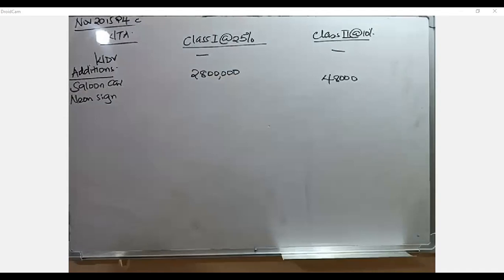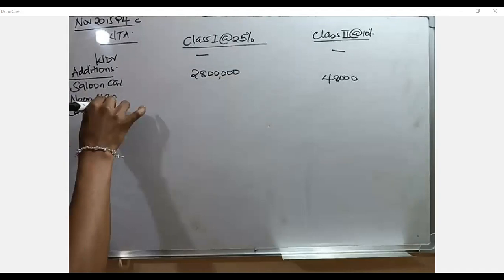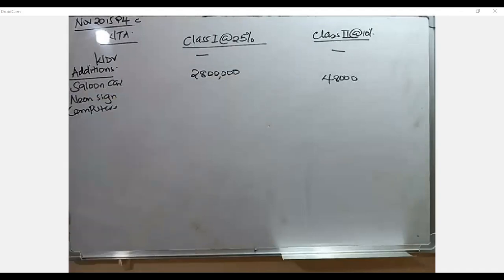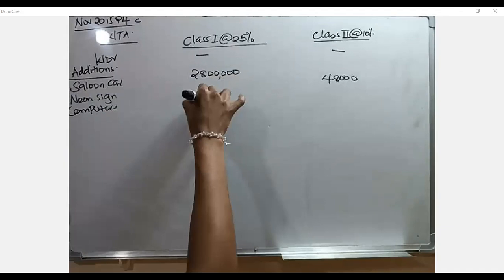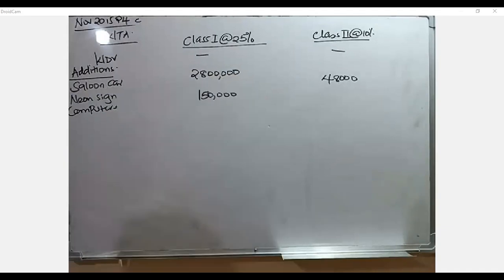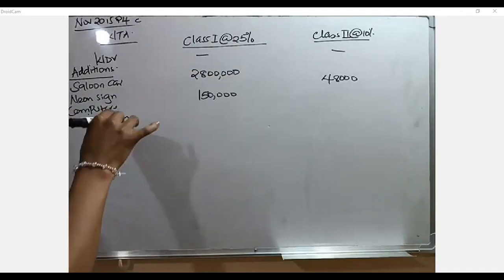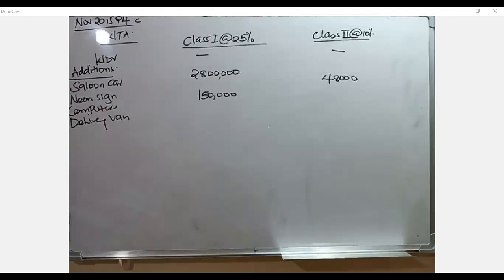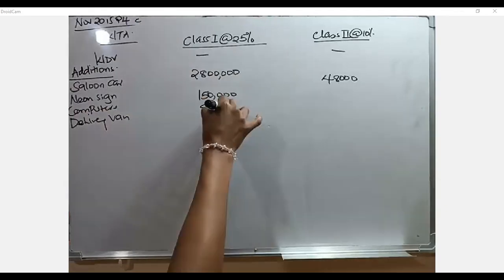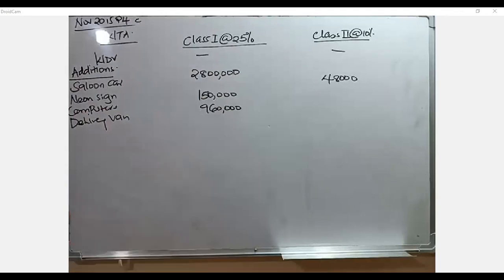The other one we have is computers. We said computers qualify for class 1. Looking at my computers here, which is 150,000, I put 150. We have the delivery van. I said the delivery van qualifies for class 1, and I'm given 960,000. Now we have furniture and fittings. I'm given 200,000, which qualifies for class 2.